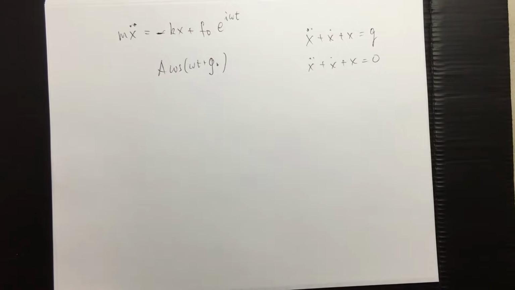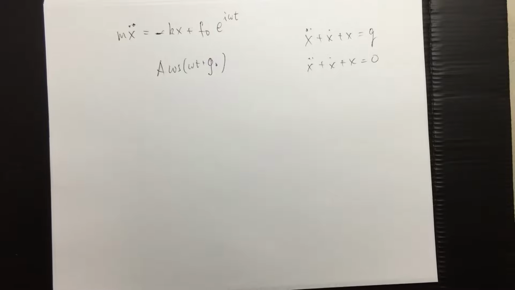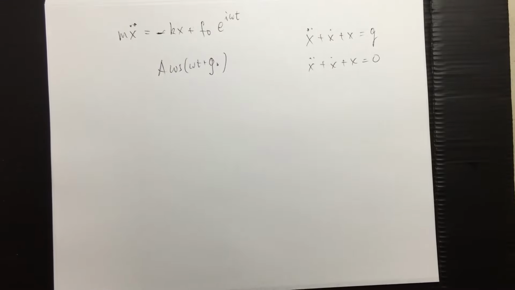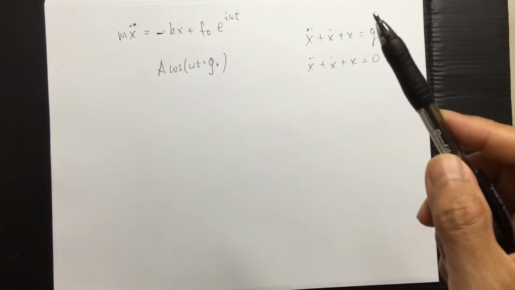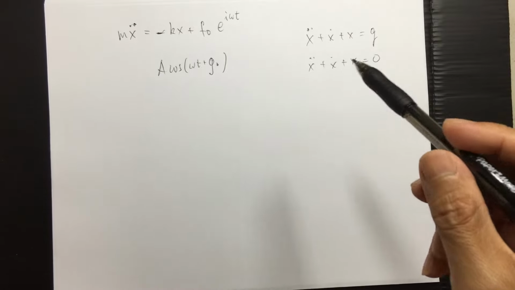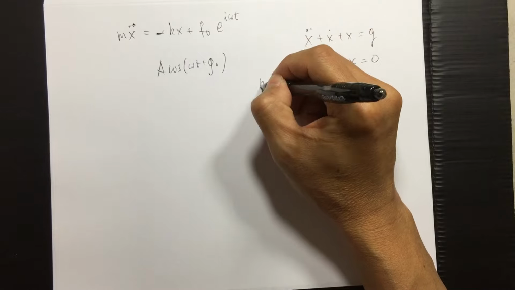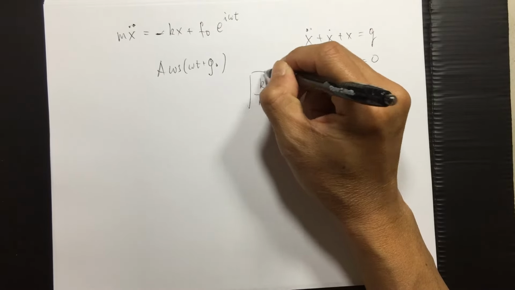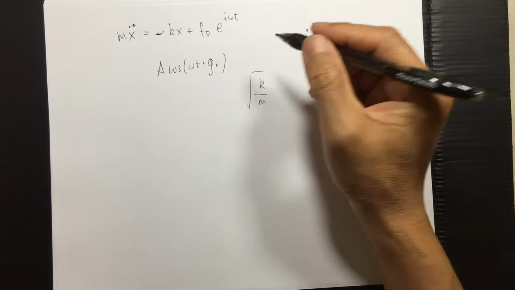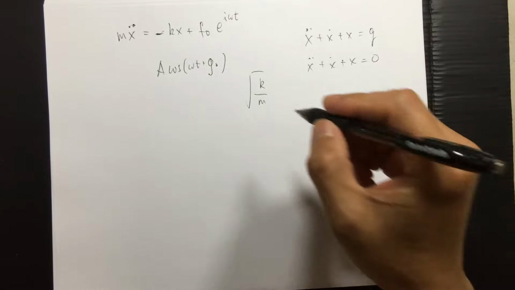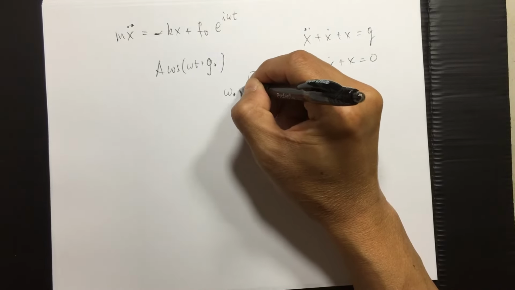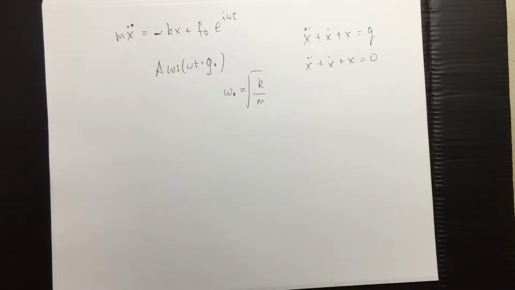We have two omegas here. I'm going to do the same with my notes so I don't get totally screwed up. K over m, I call this the natural frequency of the spring. We call it omega 0.